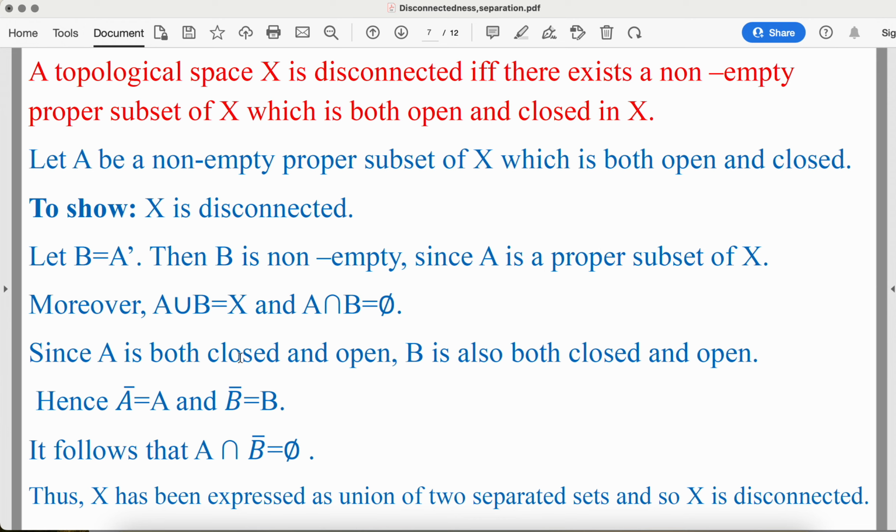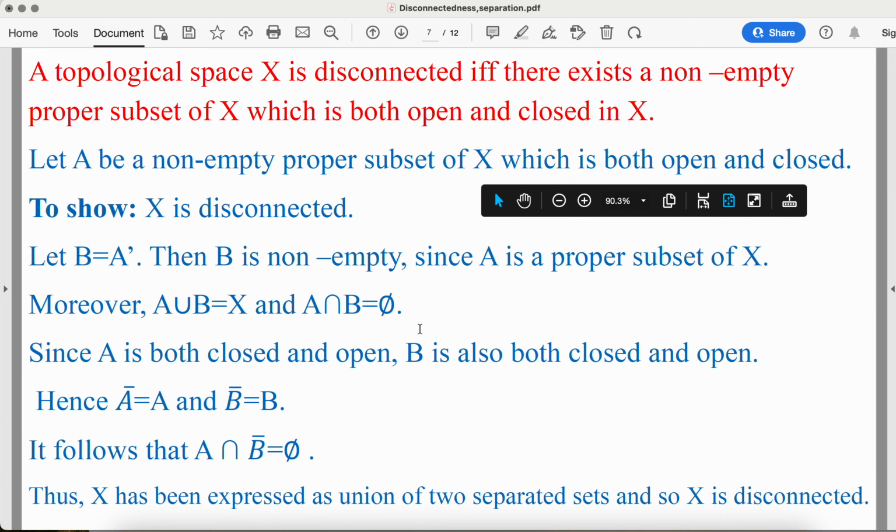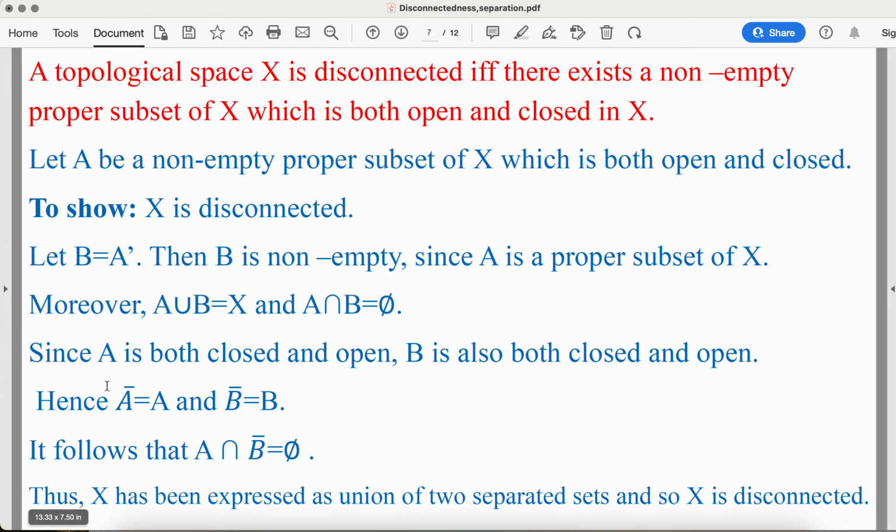Since A is both closed and open, B is also both closed and open. Hence, the closure of A is A and the closure of B is B. And this implies that the intersection of A with the closure of B is equal to phi.